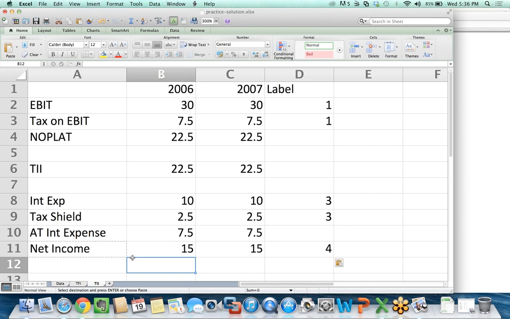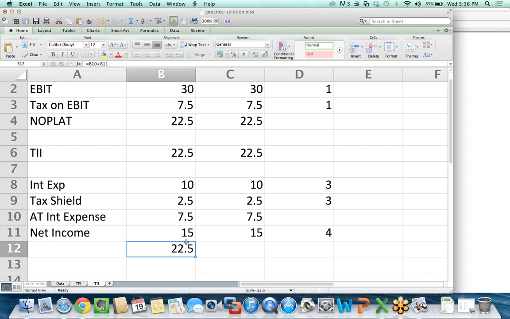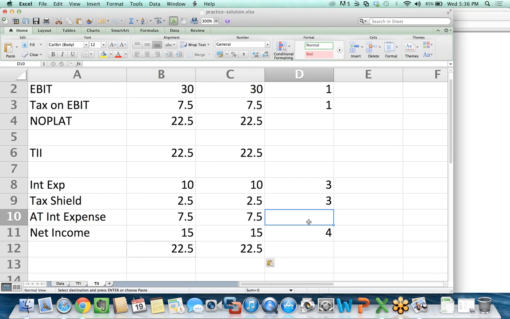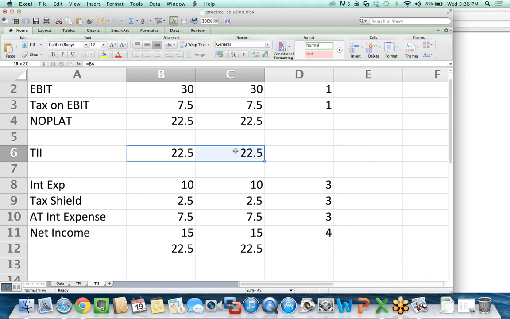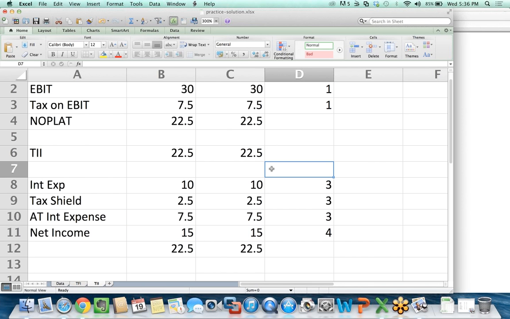So in this case, I add my 3's and 4's together, my after-tax interest plus my net income, and I get balancing statements. I have this 22.5 paid out, this amount to the debt holders, this amount to the shareholders, and the two balance. Right? And again, that's the key: I need to create balancing statements. So I have a balancing TII.